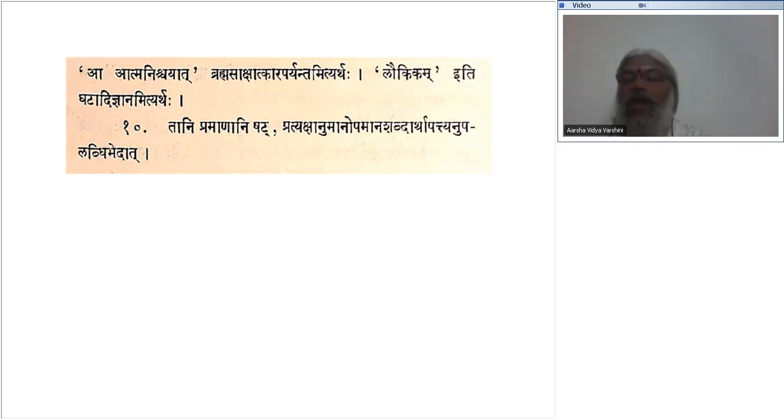Now that knowledge is the Upamiti, that which you are gaining by comparison. And comparison is not inference, because in comparison, both knowledge you have experienced, and it is not based on Vyapti. So that is why you have to count Upamana as a separate means of knowledge.